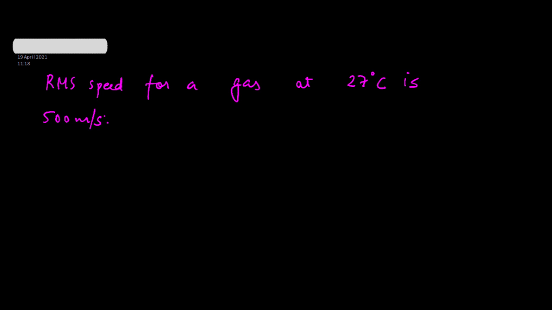If the RMS speed for a gas at 27 degrees Celsius is, let's say, 500 meter per second. Okay. What is the speed?